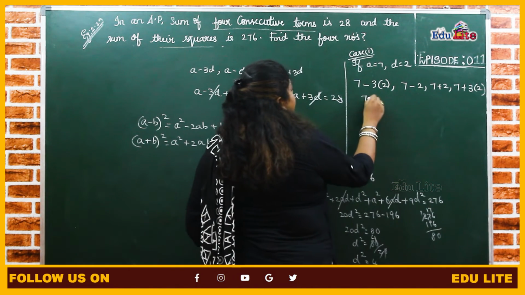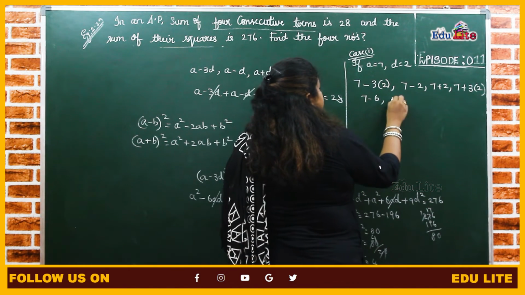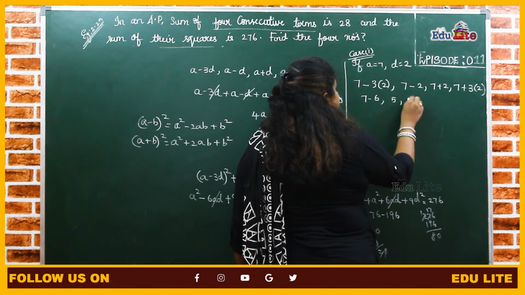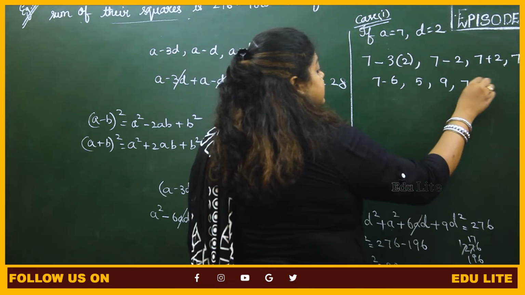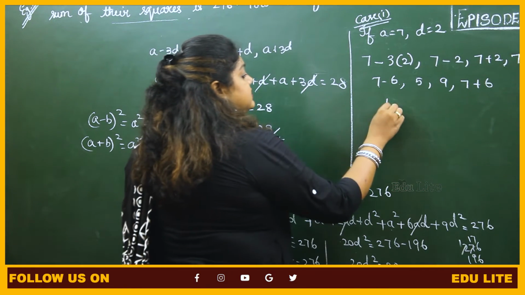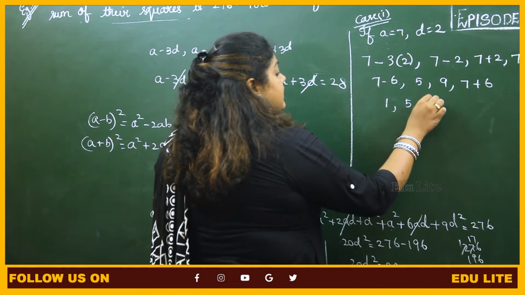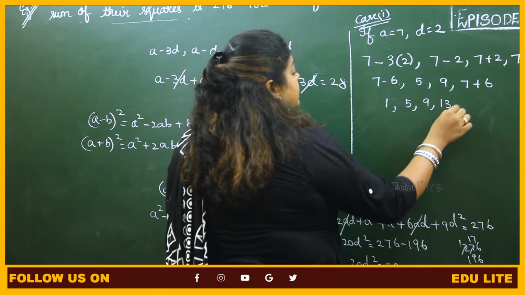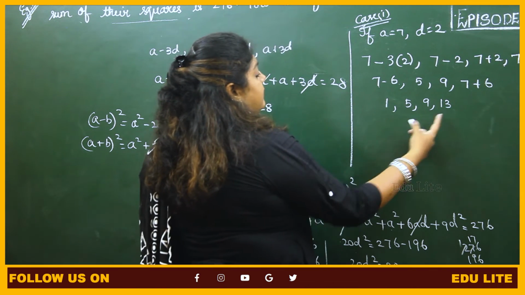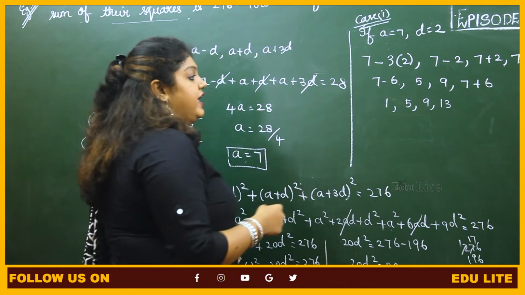So 7 minus 6, comma, 7 minus 2 it is 5, 7 plus 2 it is 9, 7 plus 6. 7 minus 6 is 1, 5, 9, 13. So these are the 4 consecutive numbers for these values of A and D.